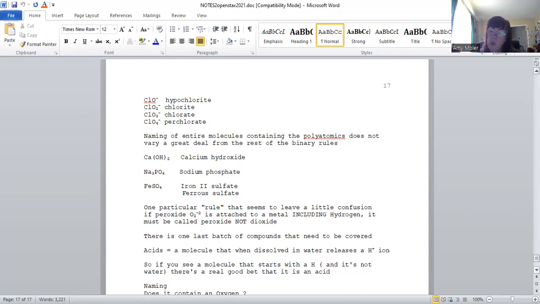Hydroxide has a single negative charge, so I am going to call this calcium hydroxide. Do not put a di in there. It is not dihydroxide. You can't put extra prefixes into polyatomics. Calcium also has no Roman numerals because it is a regular metal.